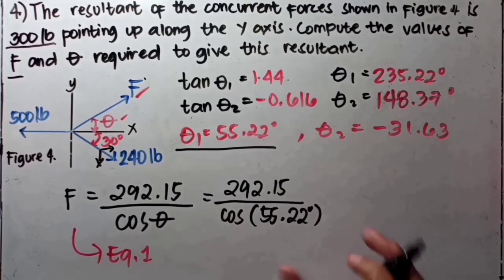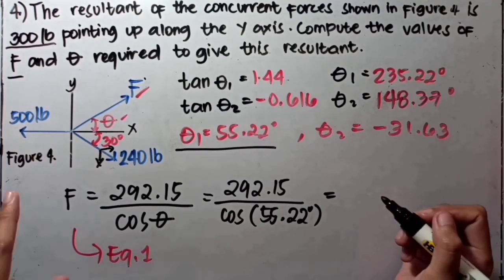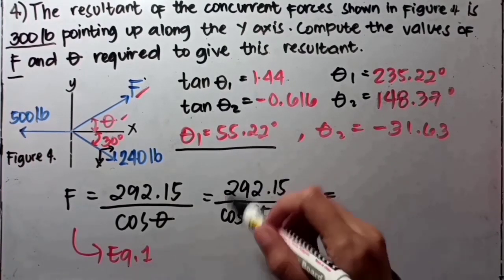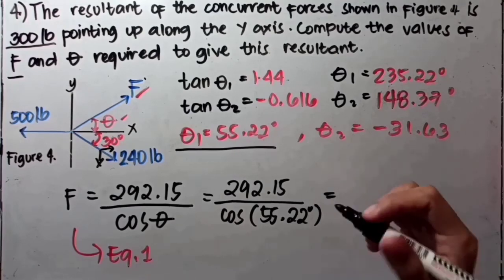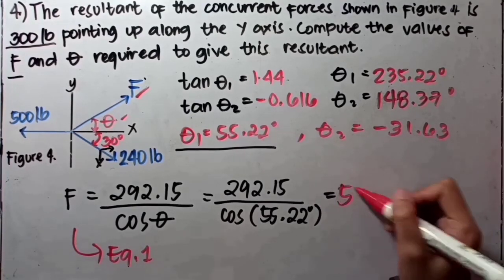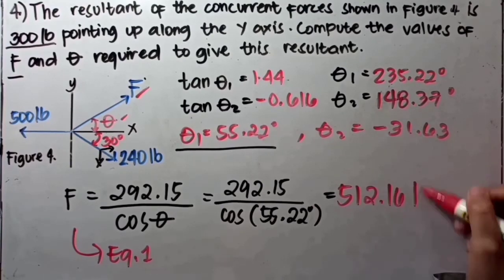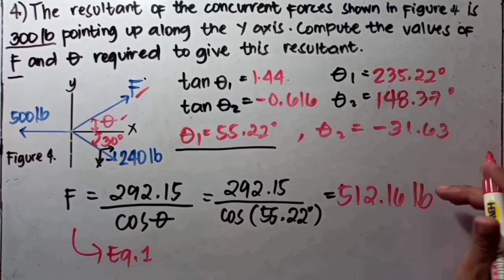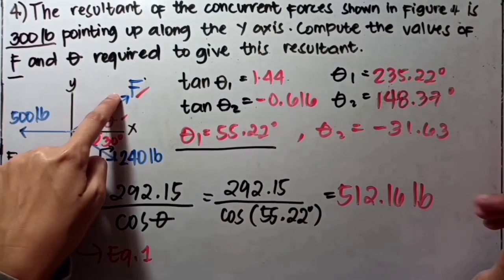So, yan na ngayon ang cosine na gagamitin natin. So, F will be equals to, kapag i-calculate natin tong equation na to, makukuha natin ang answer na 512.16 pounds. Huwag kalimutan na pounds ang given sa diagram, so pounds din ang final answer natin for F, which is the force, inclined force na to.